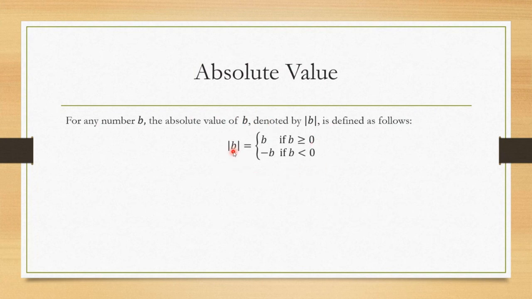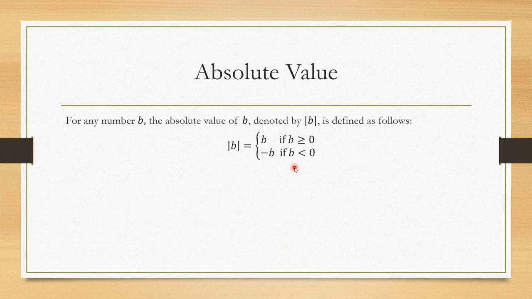This is just saying the absolute value of B is B itself if B is non-negative, and it's negative B if B is negative. That's how absolute value is defined.